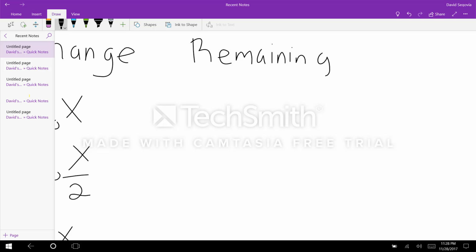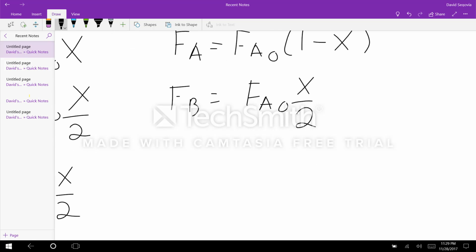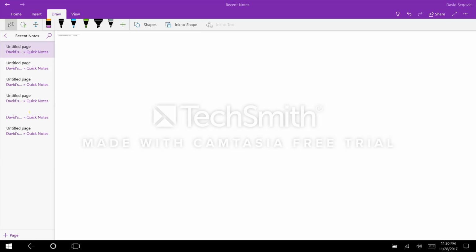For FA, we'll have FA naught (1 minus X). For FB, we will have FA naught X divided by 2. And for FC, we will have FA naught X divided by 2. And this is our final stoichiometric table.